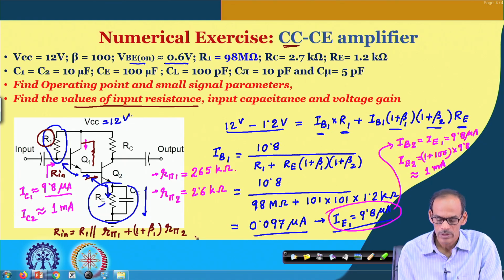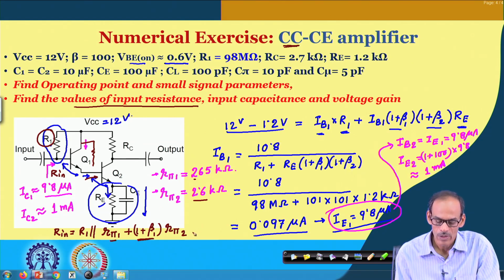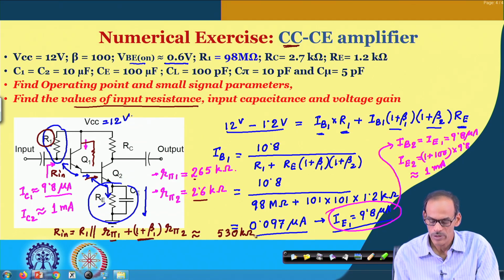That gives us roughly 101 times 2.6 kilo ohm, plus 265, so roughly around 530 kilo ohm in parallel with R 1, which is 98 mega ohm.